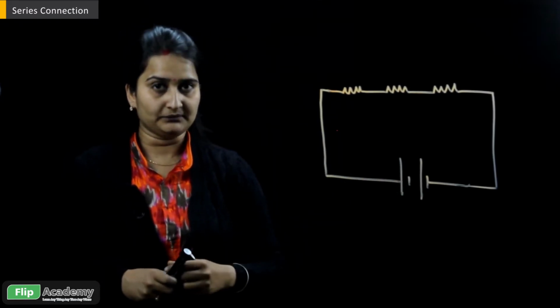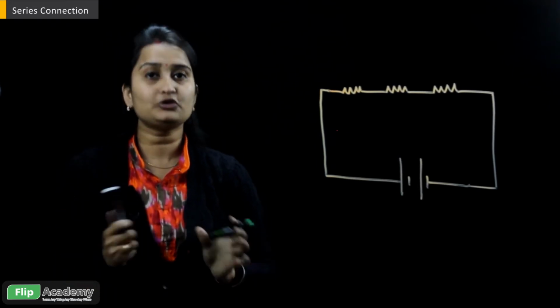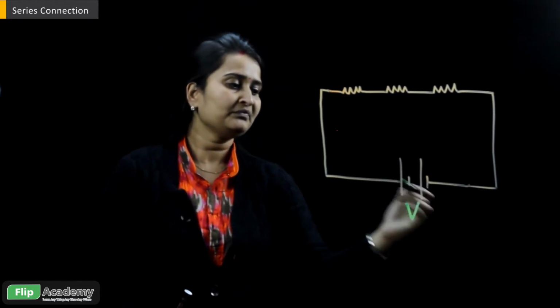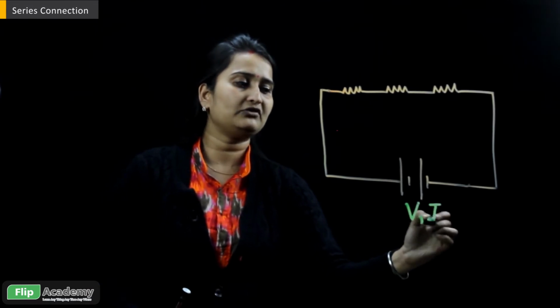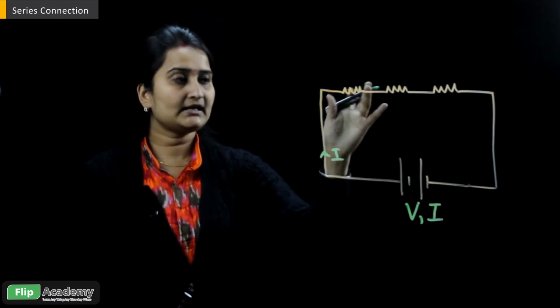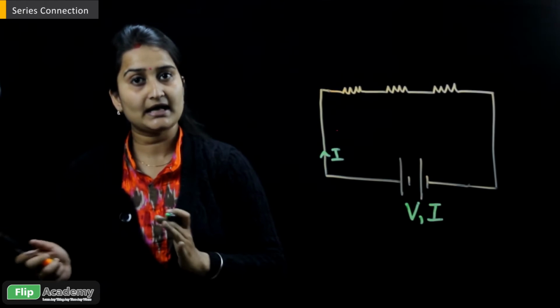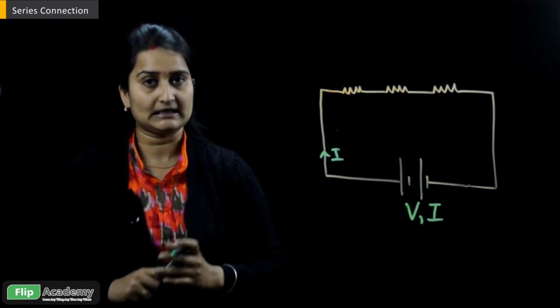Okay, now let's start with the calculation part. This is the battery. This battery is supplying the total potential and the total current. So the total potential supplied by the battery is represented by capital V and the total current supplied by the battery is represented by capital I. As soon as the current is passed through these resistors, as they are in series, the current remains the same.